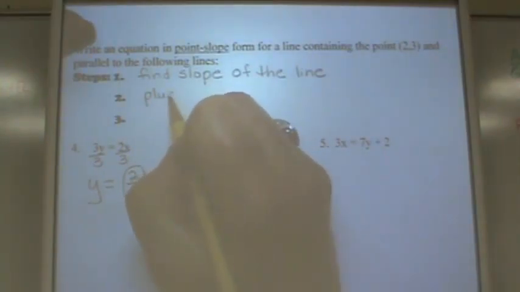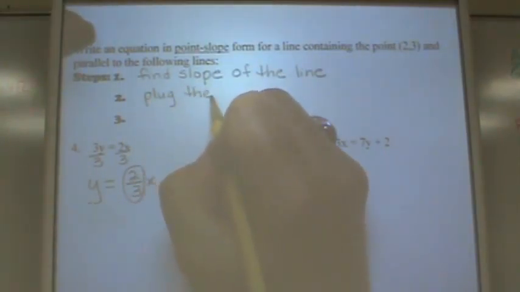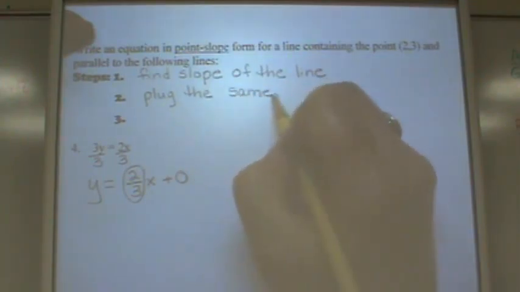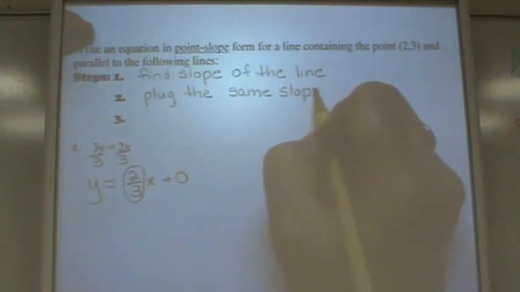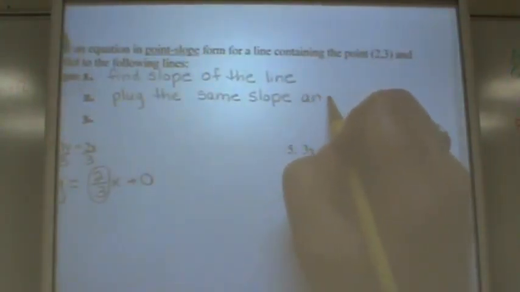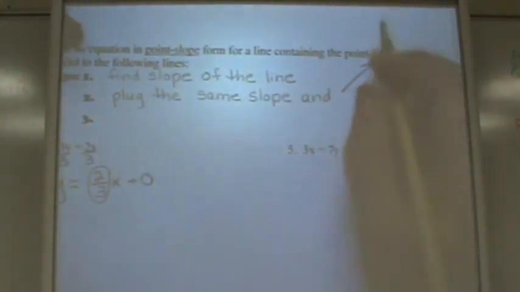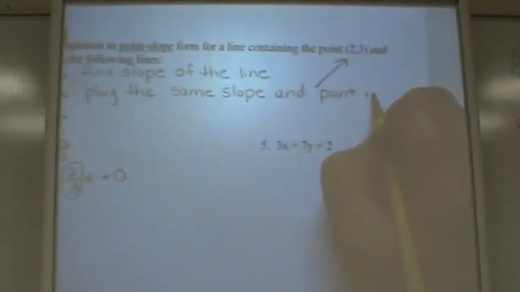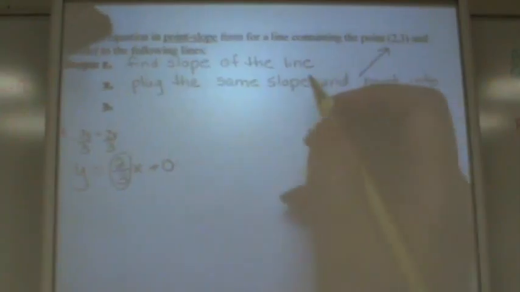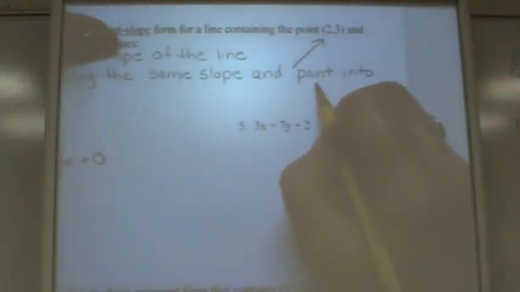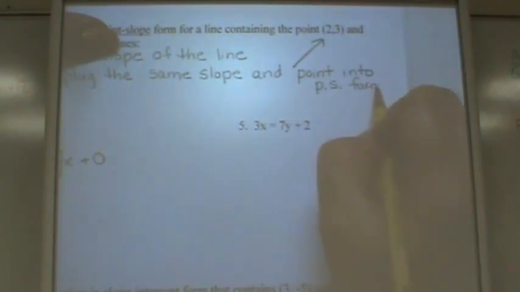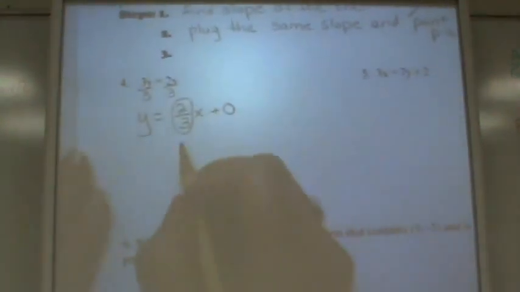You're going to plug this slope, the same slope, and the point that they give you into point slope form. I'll just write PS form. Okay, so you need to know point slope form.